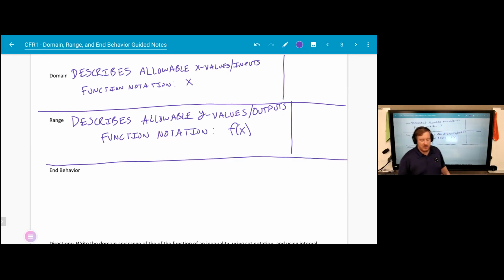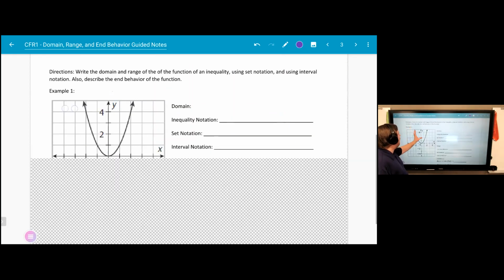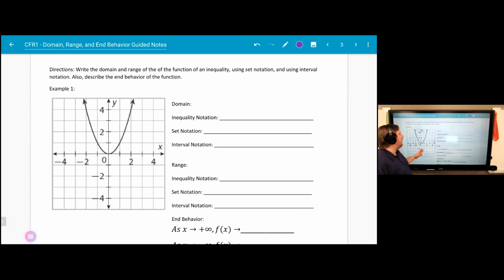But what I want to do here is look at an example real quick. It says write the domain and range of the function of an inequality using set notation, using interval notation, and also inequality notation.